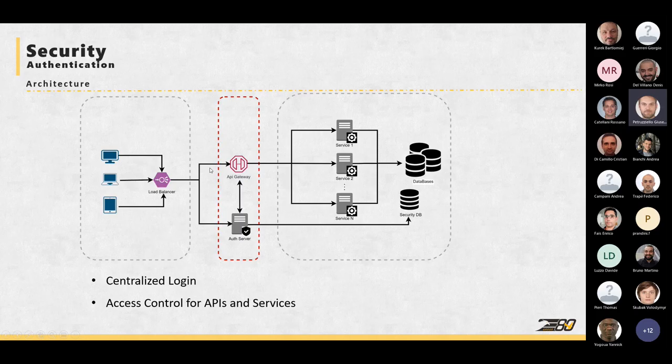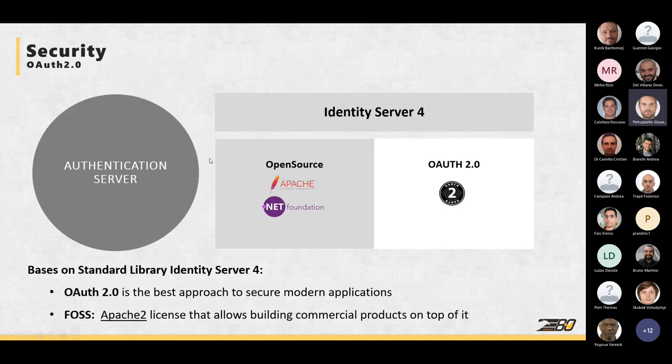You can see this type of schema, where you can find the load balancer, as we said before, which considers the request from the web application, and the request passes through the authentication server that checks the credentials of the user, with the use of the security database, and then returns to the user a token, which is used for the next request.